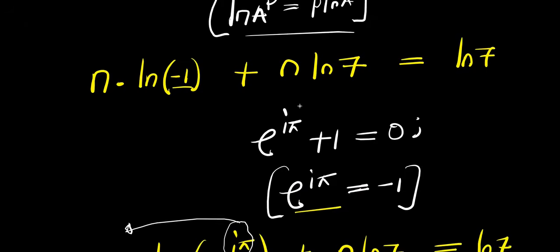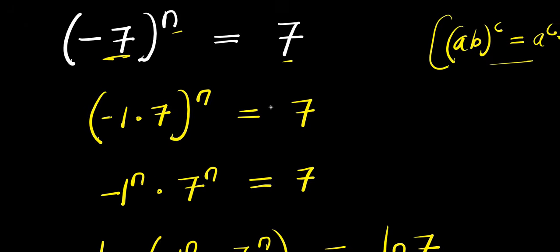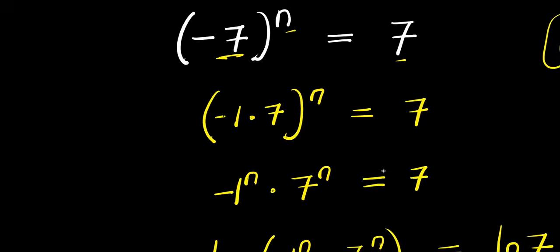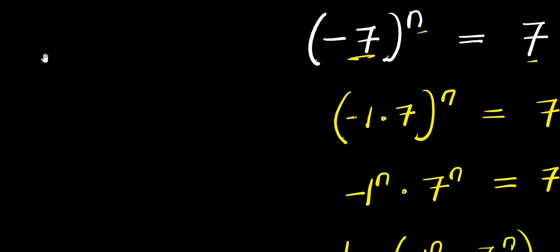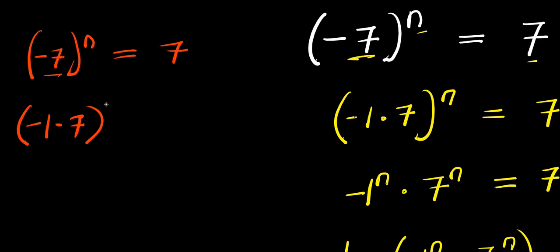So let's also solve this using a different approach. Here we have negative 7 to the power n equals 7. And we also express this as negative 1 times 7, to the power n, equals 7. Then we consider this. If you have the square root of negative 1, this equals i.